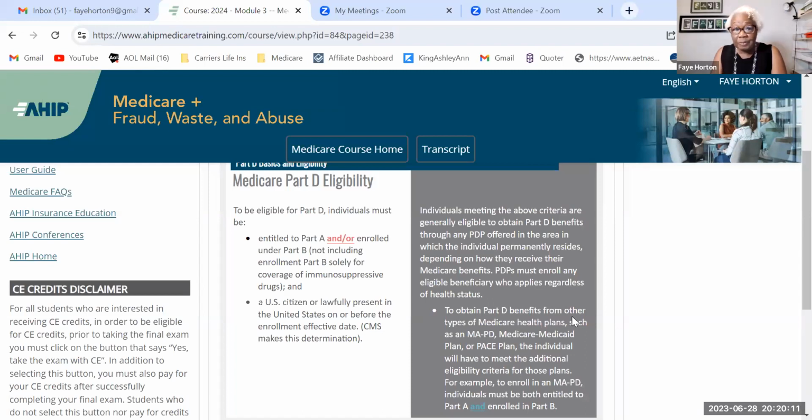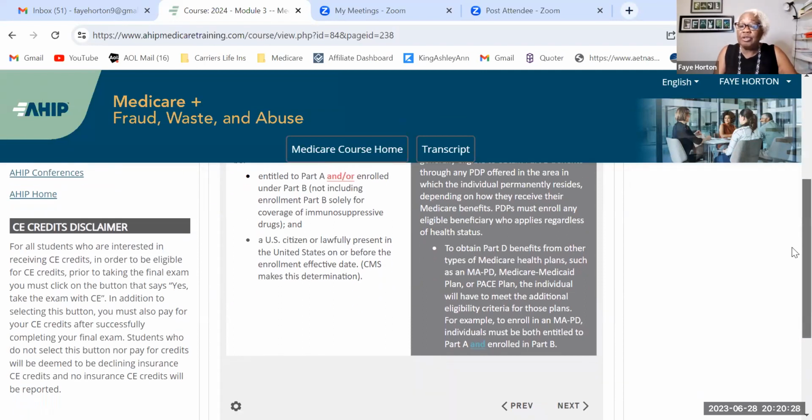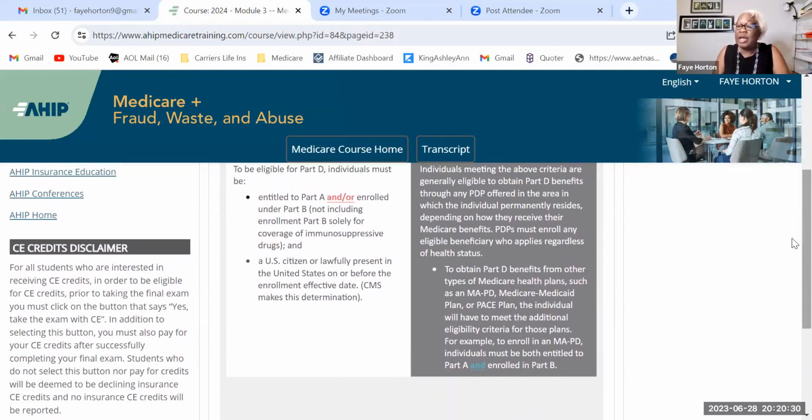Individuals meeting the above criteria are generally eligible to obtain Part D benefits through any PDP that's offered in their service area in which they permanently reside, depending on how they receive their Medicare benefits.